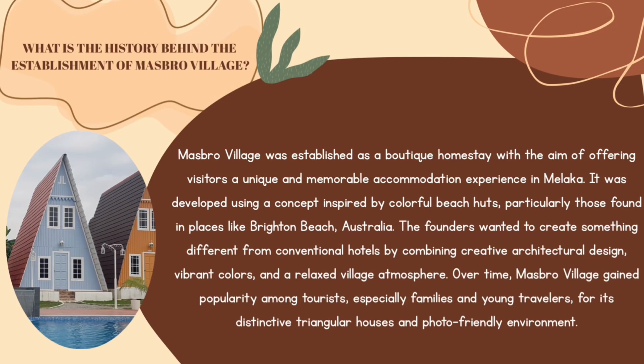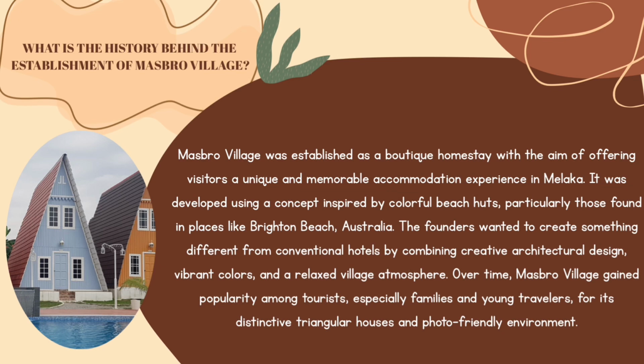Next, what is the history behind the establishment of Masbro Village? Masbro Village was established as a boutique homestay with the aim of offering visitors a unique and memorable accommodation experience in Melaka. It was developed using a concept inspired by colourful beach huts, particularly those found in places like Brighton Beach, Australia.